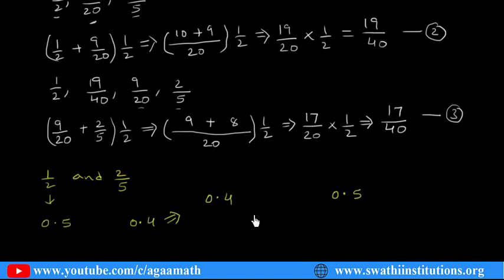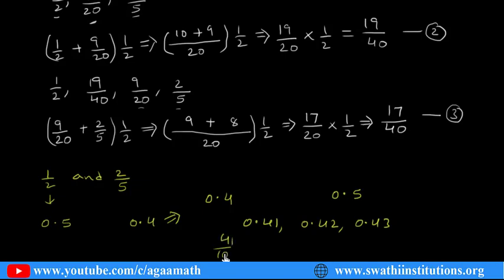If you are good with decimal numbers, as I said, I can write 0.41, 0.42 and 0.43. So this is another method you can do. Nothing wrong. Even if these 3 are converted into the p by q form, you can write them as 41 by 100, 42 by 100 or 43 by 100. Those are 3 rational numbers.